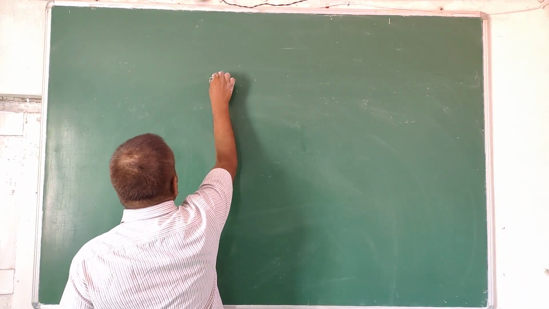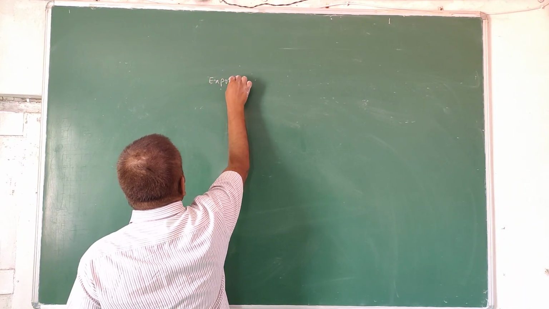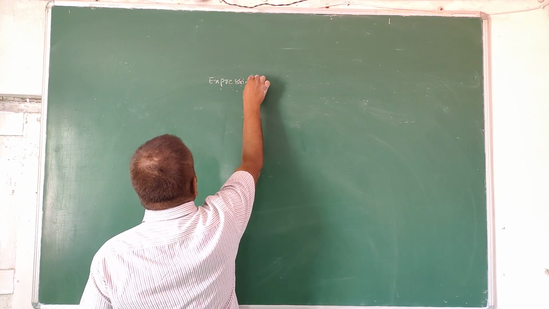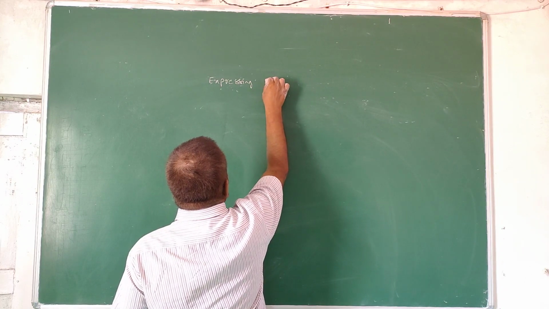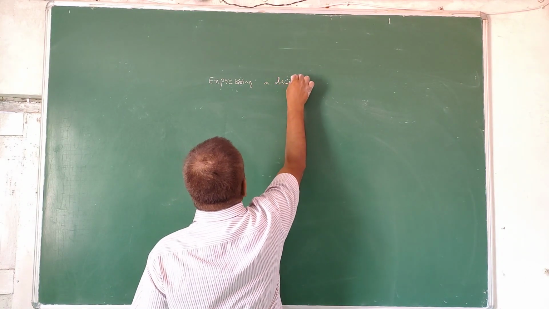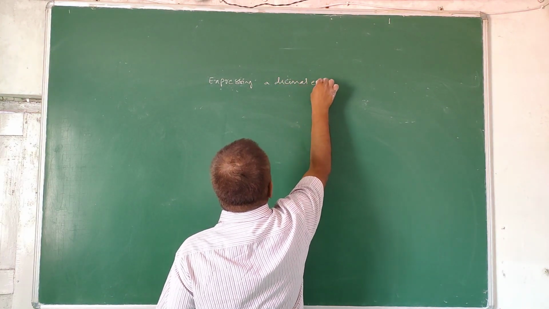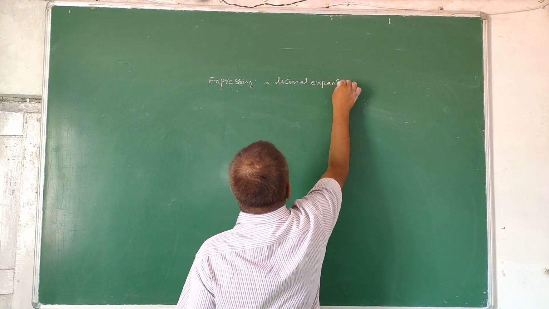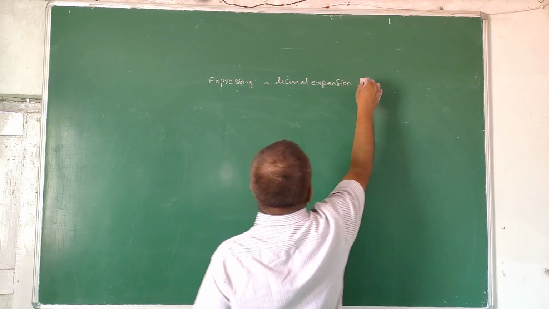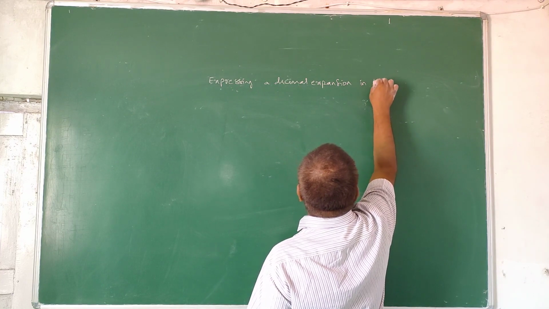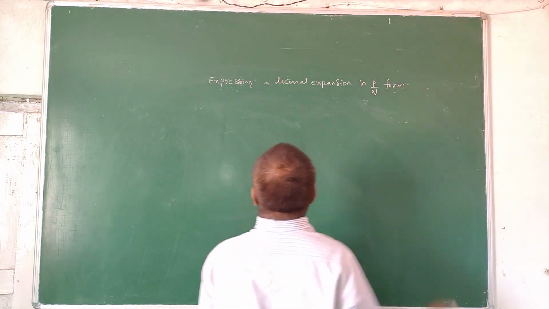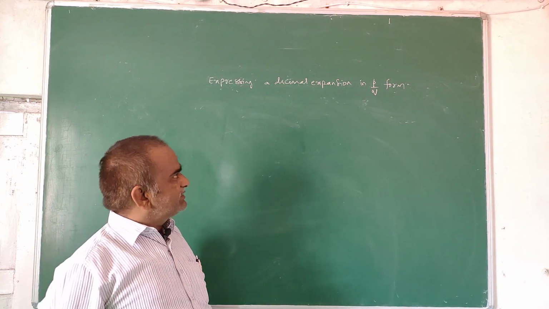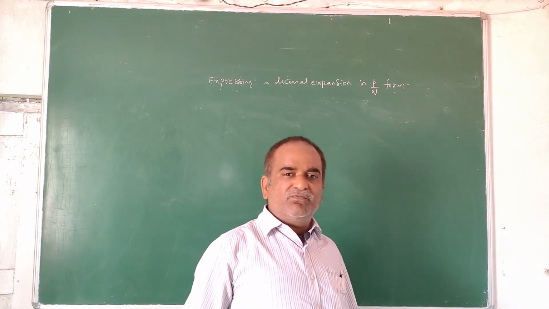So, expressing a decimal expansion in P by Q form. This is our heading now.